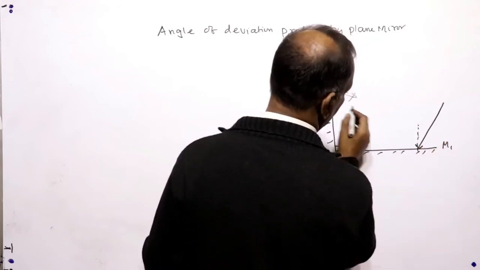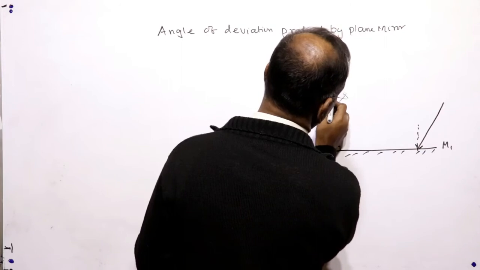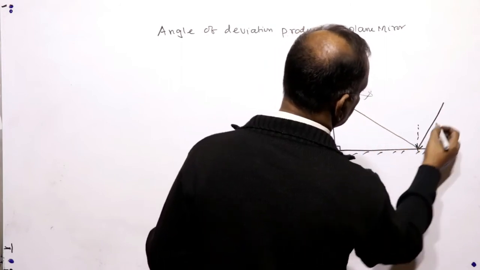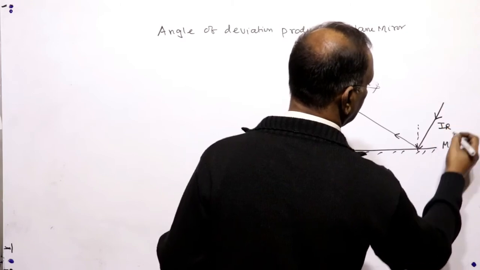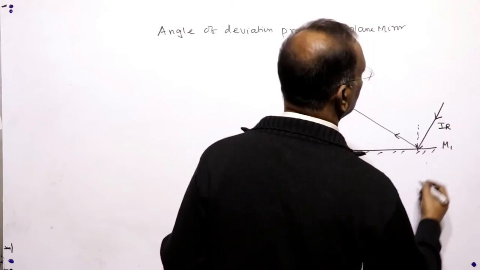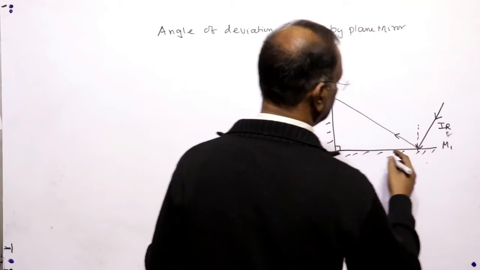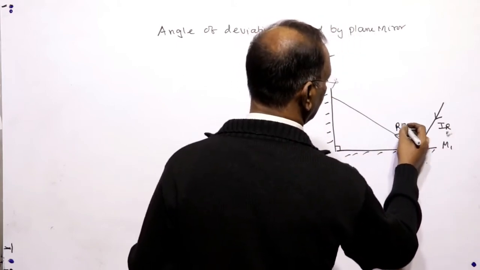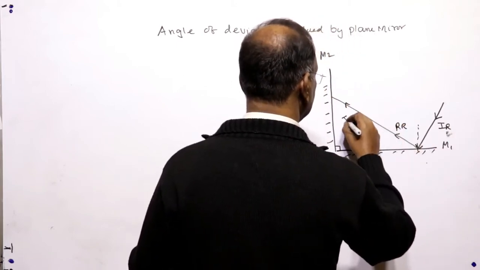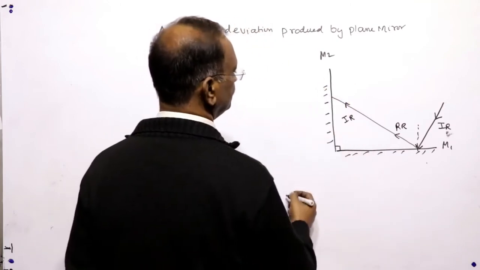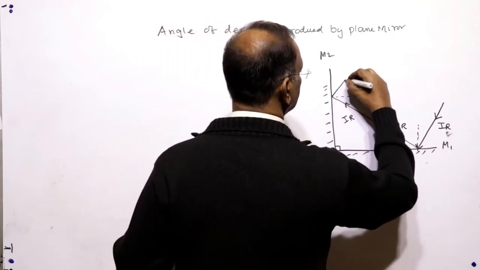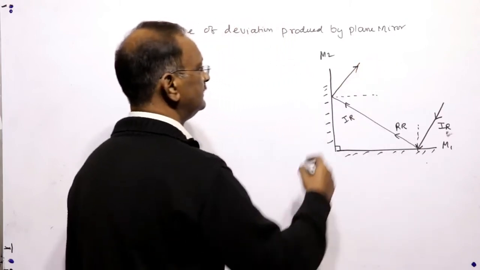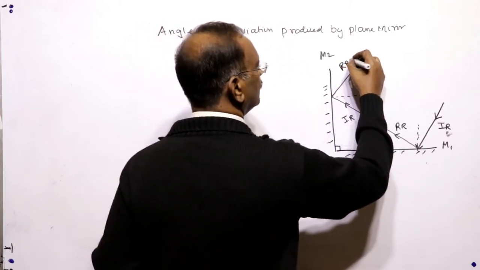This is the incident ray for M1, this is the reflected ray for M1. This is the incident ray for M2, and with respect to the normal it will be reflected like this. This is the reflected ray for M2.